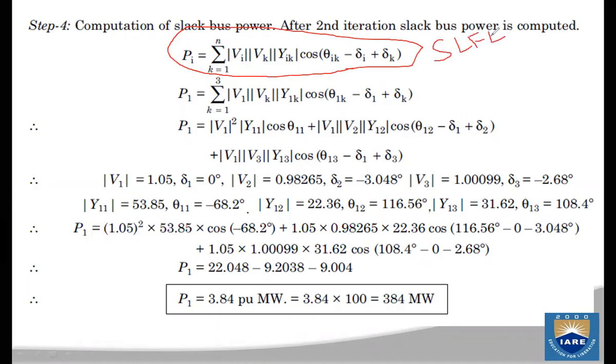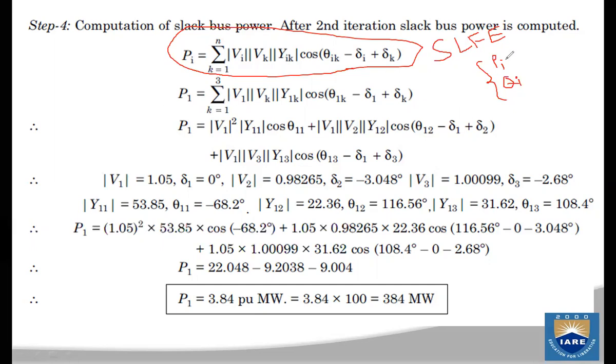You derived the static load flow equations; there are two equations, for Pi and Qi, the real power injected at the ith bus and the reactive power injected at the ith bus. Already we derived it, so you can go back to that video lecture.